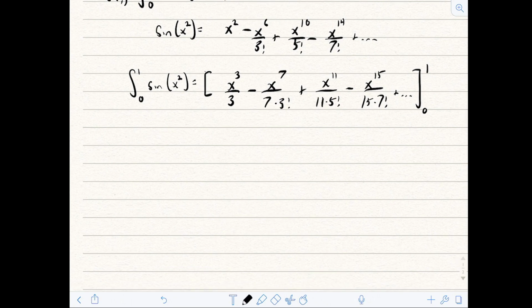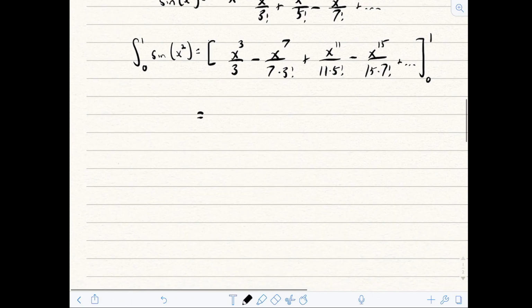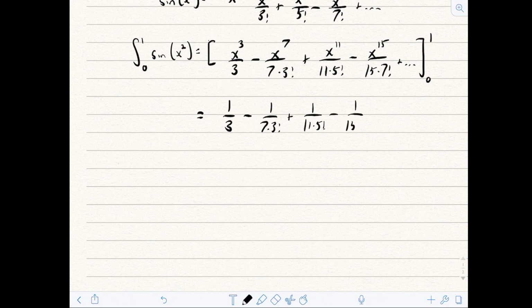The nice thing here is that since the lower bound is 0, it's just going to be all 0. So the only real value I'm trying to figure out is when x is equal to 1. So it's going to be 1 over 3 minus 1 over 7 times 3 factorial plus 1 over 11 times 5 factorial minus 1 over 15 times 7 factorial plus dot dot dot.